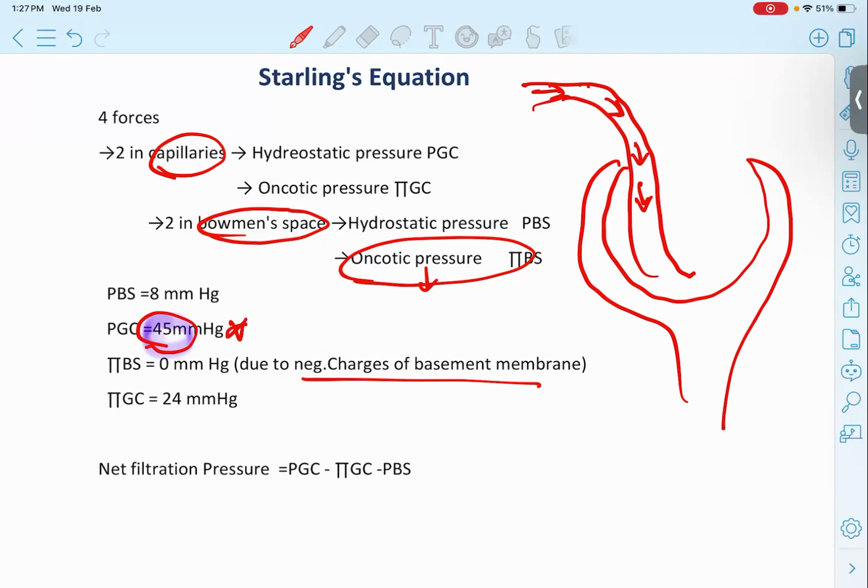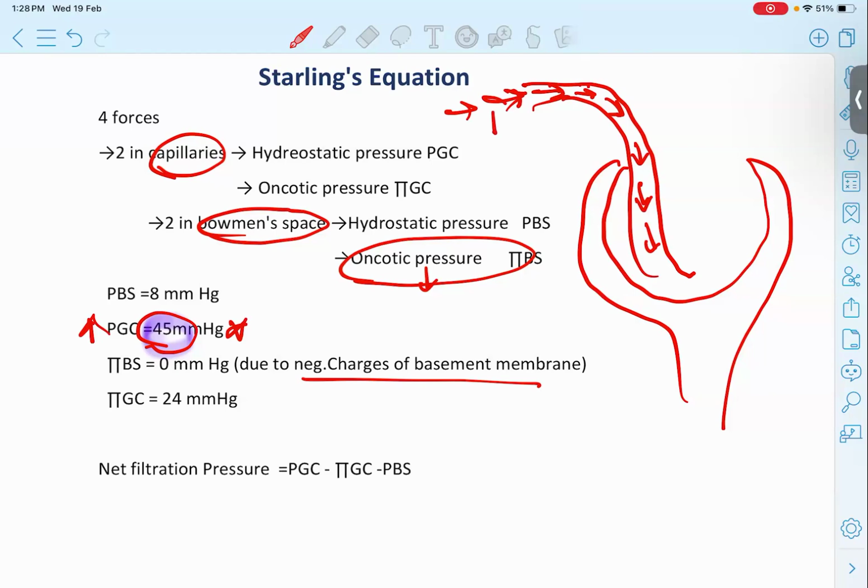So the higher the hydrostatic pressure of glomerular capillary is, the higher the filtration rate, because this is the main force. If suppose very high blood flow is going through the afferent arteriole, there will be more filtration. But if there is very low blood supply due to some condition like sepsis or blood volume loss, what is going to happen?